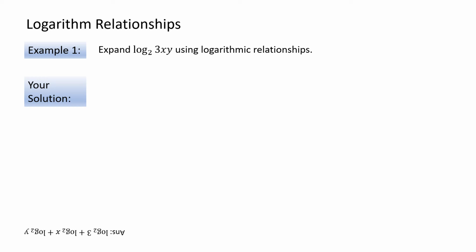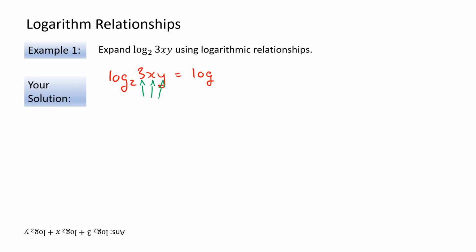So first example is expand the log base 2 of 3xy using logarithm relationships. So this one you see we have 3 terms multiplied together. So remember, we can write these instead as the log of each of them individually added together. So the log base 2 of 3xy is equal to the log of each of these components. You see 3 components, 3, x, and y.